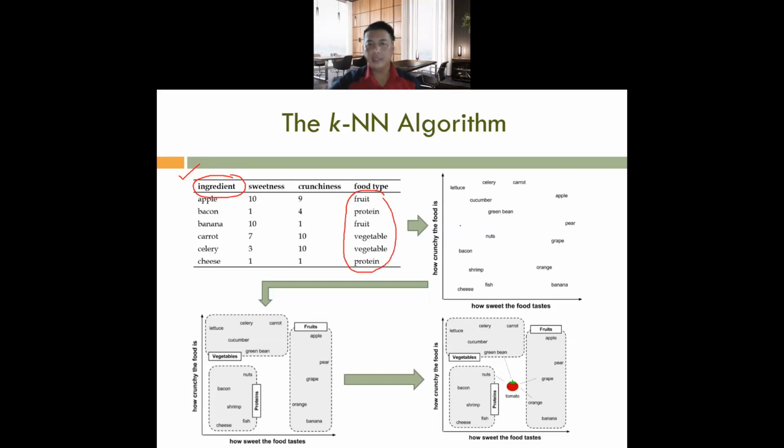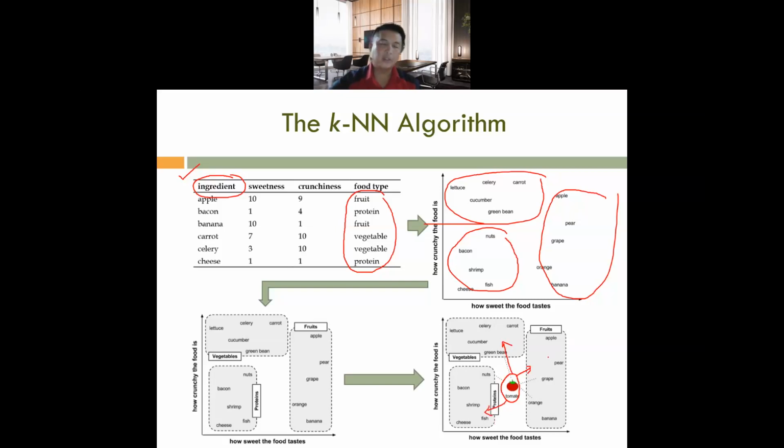If we put them in a 2D graph, we can look at the distribution of the ingredients, and basically we can group them into these segments. When we have a new data point, for example the tomato, we find the nearest neighbors. It could belong to the fruits, the vegetables or the proteins.